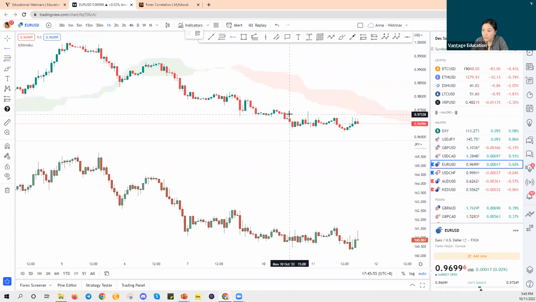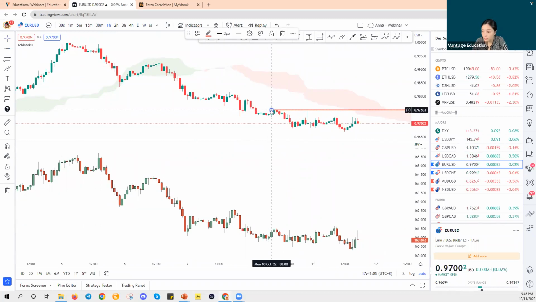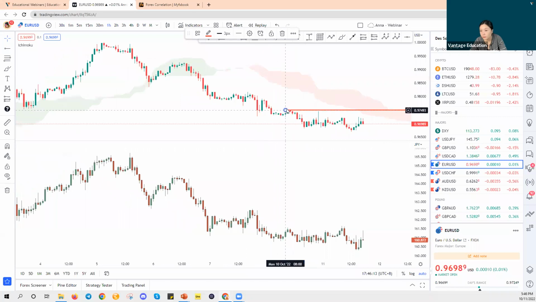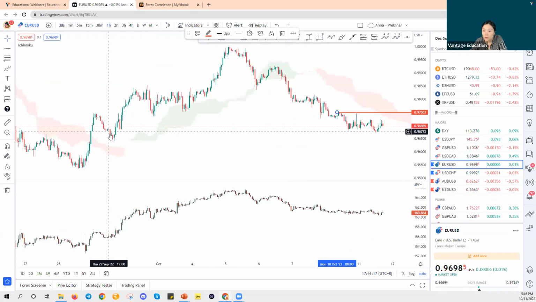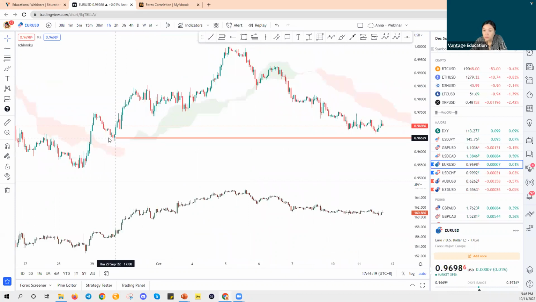What I can see here is, for example, I'll just give you guys a setup, but it's just an example to let you guys understand how correlation can be used on a live chart. Okay, so for example, maybe I'm looking at a potential, okay, prices seem like it's going down, right?